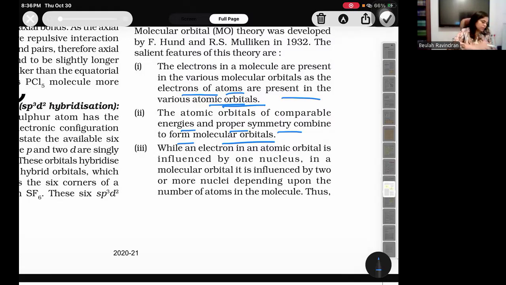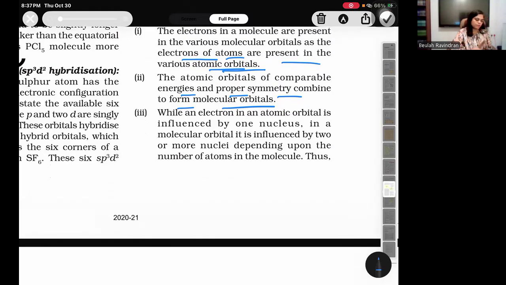While an electron in an atomic orbital is influenced by one nucleus, in a molecular orbital it is influenced by two or more nuclei, depending upon the number of atoms in the molecule. Because in an atom, only one nucleus is there.